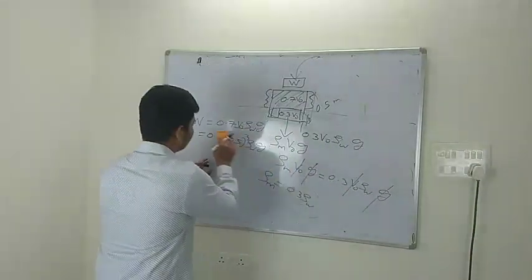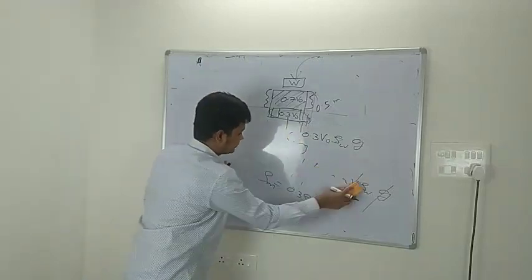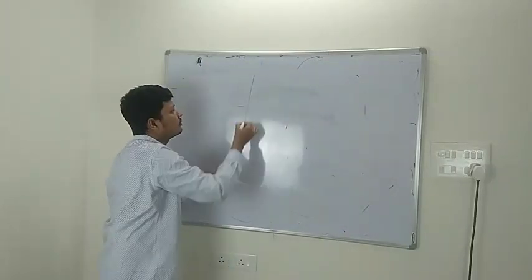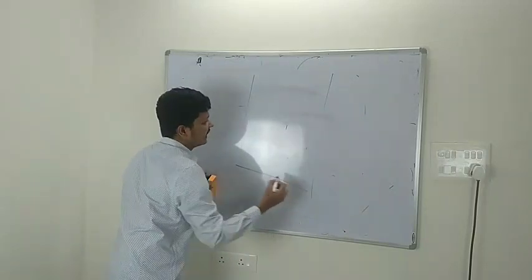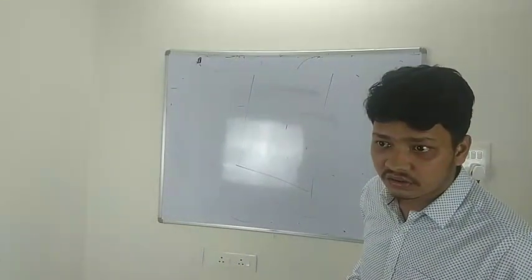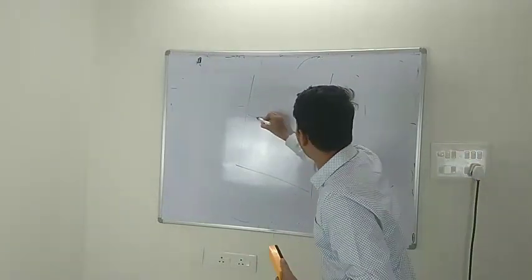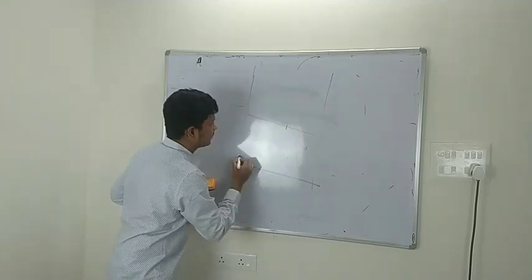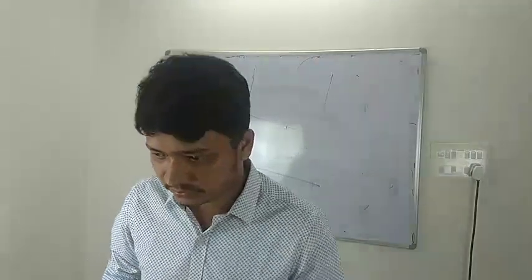Okay, let me do it. So you have a vessel, half filled. Let me change the marker. Where is the marker? Maybe outside.